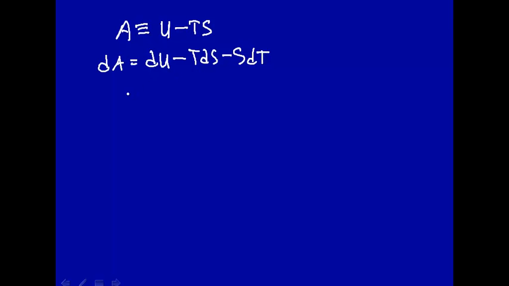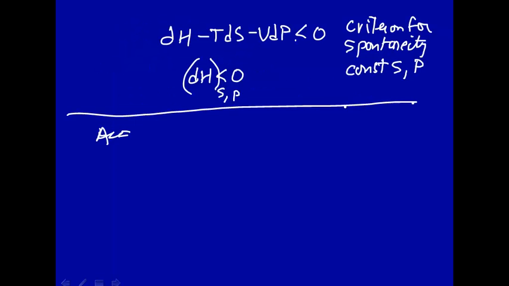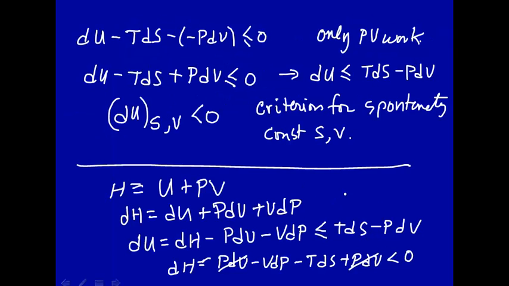Nothing new there. Let's solve this for dU. dU will be equal to dA plus TdS plus SdT. And we know that dU is less than TdS minus PdV. And again, just remember we're only doing PV work. That also was the case here, when we went down here, only PV work. That's one of the assumptions we've made there.